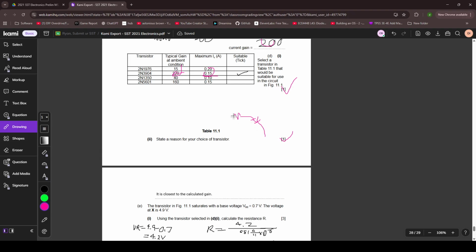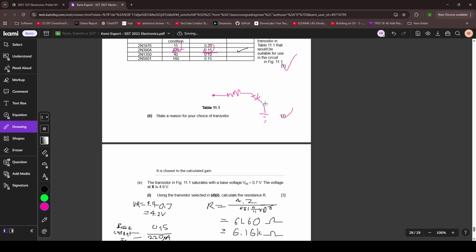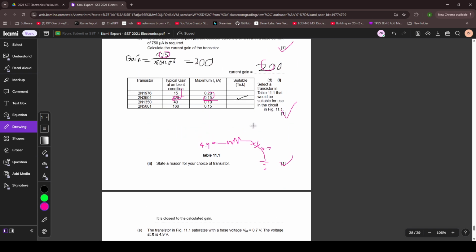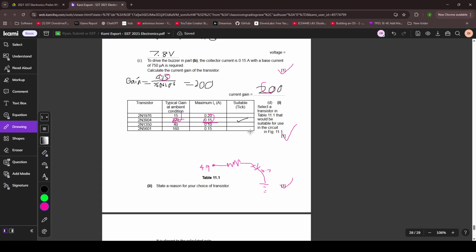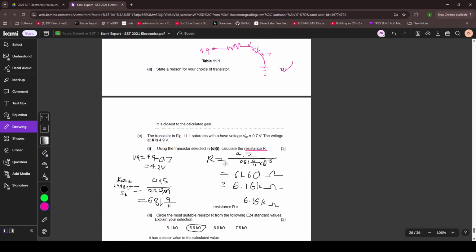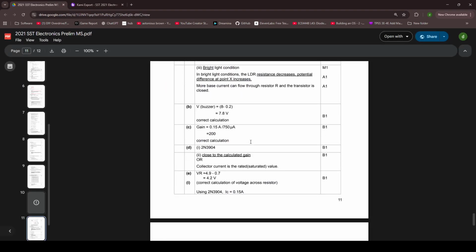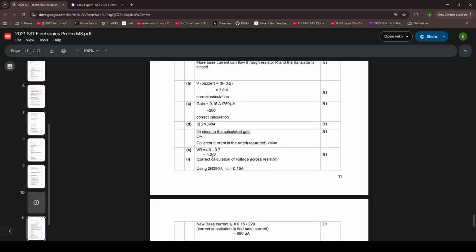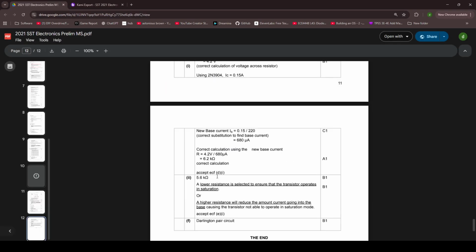This is just a simplified 0.7 volts here, then 4.9 here, and we know the current. Oh, and this is the collector, so 0.15 amps. So we have voltage, we have current, therefore we can find resistance because R is V over I. 6.16.